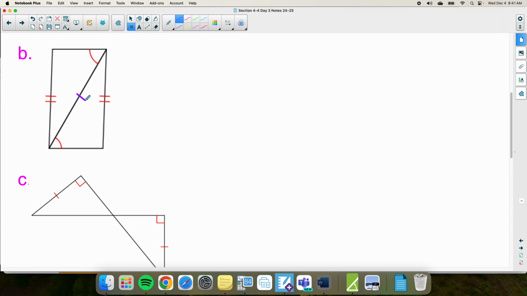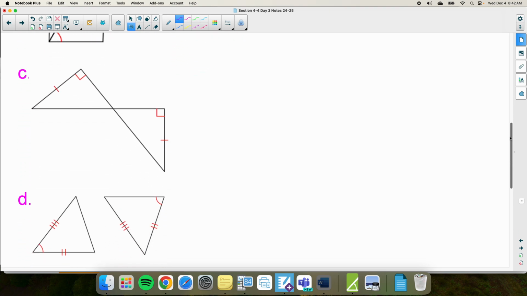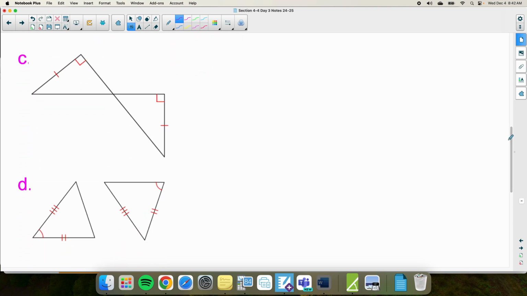Is the angle in between these two sides? No. Shouldn't it be right here instead? Do you guys get that? And then side, angle, side in this triangle, it should be right there. So the angle is not in between the two sides, so then it's NP.